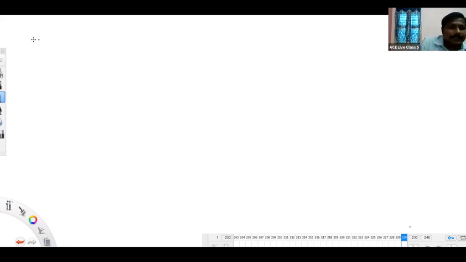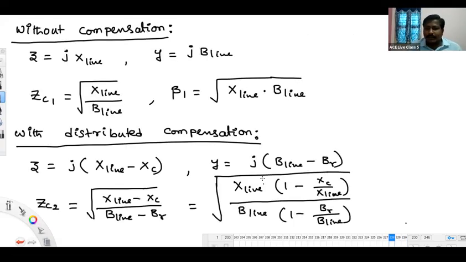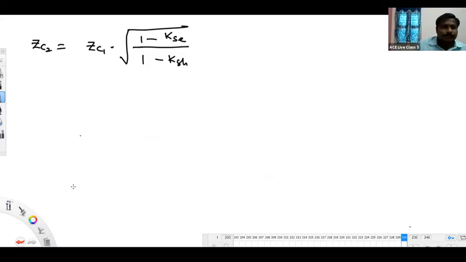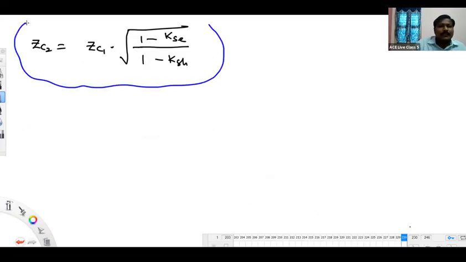So ZC2 will be equal to root of X line by B line, which is nothing but ZC1, into square root of 1 minus degree of series compensation by 1 minus degree of shunt compensation. ZC2 is equal to ZC1 into square root of (1 minus KSC) by (1 minus KSH).